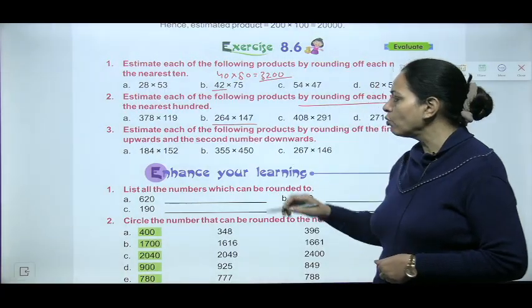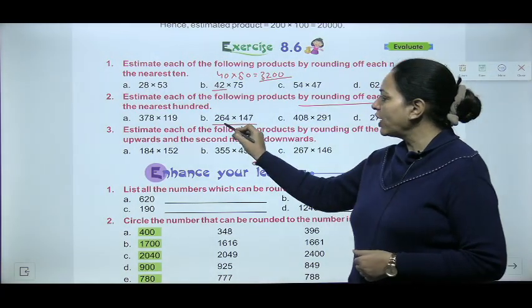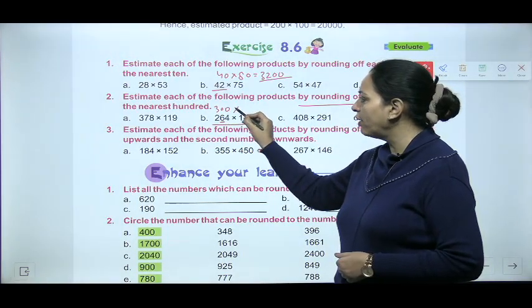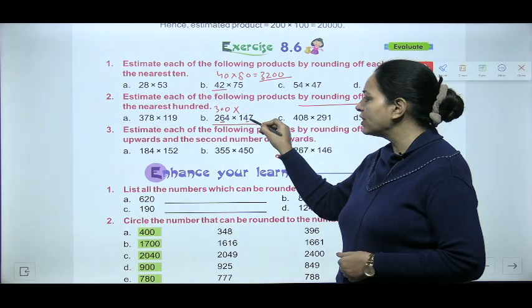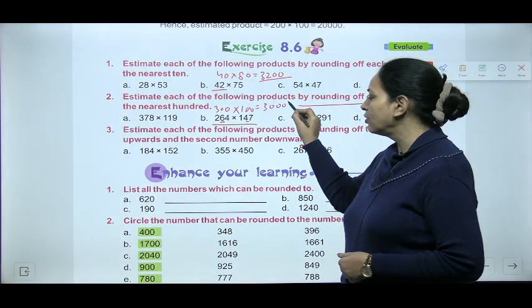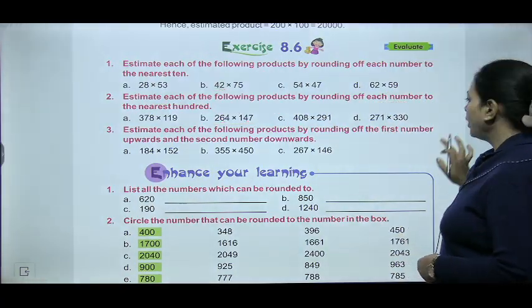Like B part, 264 into 147. So tens digit is 6 more than 5. So this becomes 300 and this is 4 less than 5. This is 100. So this is the answer, 30,000. Similarly, you can try remaining parts.